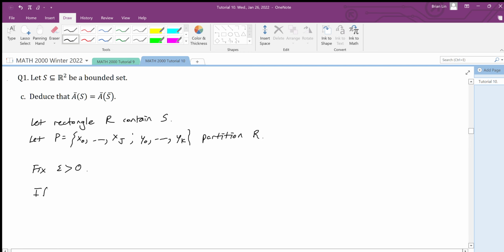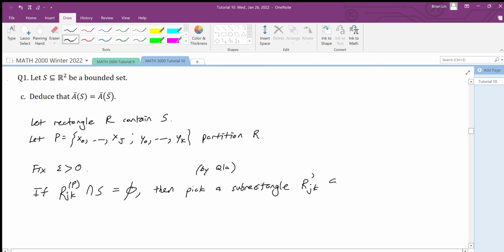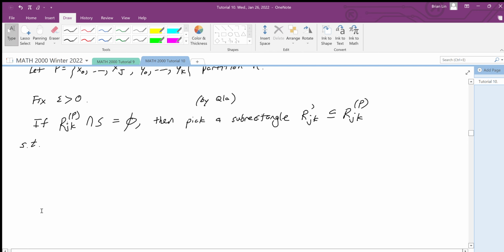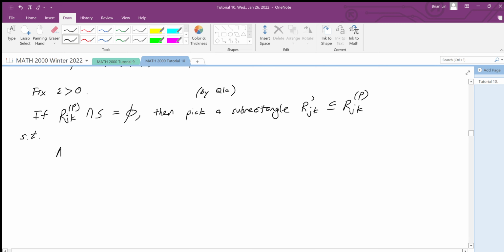So if we have R_jk^P, the jkth rectangle relative to partition P, if that intersect S is empty, then, by question 1a of this tutorial, we pick a subrectangle R_jk prime contained inside R_jk^P such that the area of R_jk^P minus the area of R_jk prime is less than epsilon over 9jk.